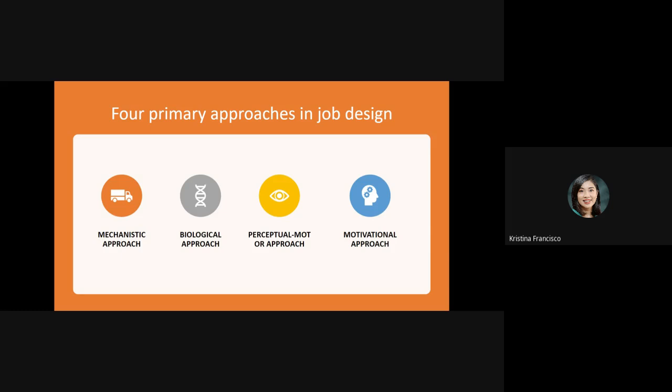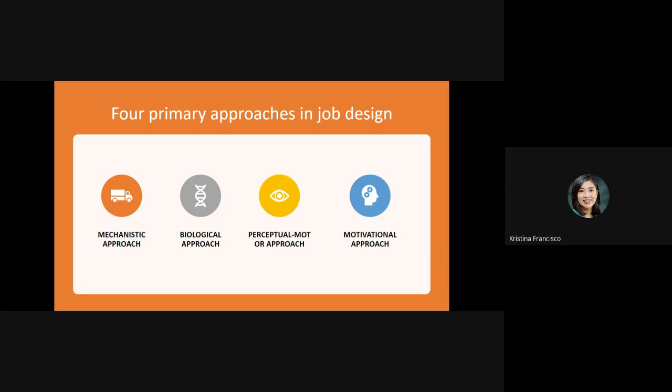This can help design jobs that reduce errors while enhancing employees' fulfillment. For example, a data analyst using user-friendly software to reduce mistakes, which is your perceptual motor approach, while having the autonomy to experiment with different methods, which is your motivational approach, creates a satisfying, error-free environment.